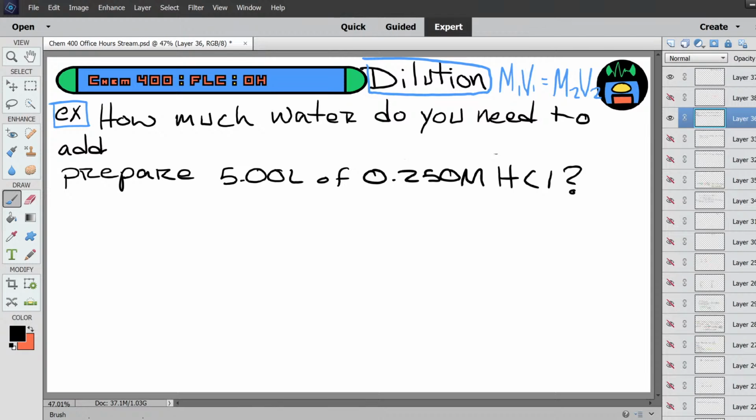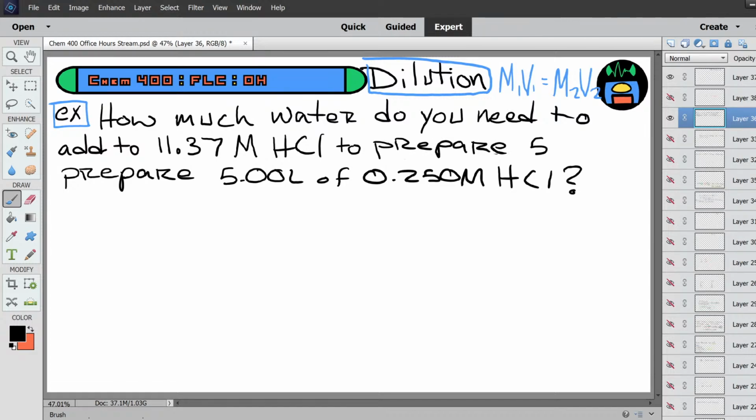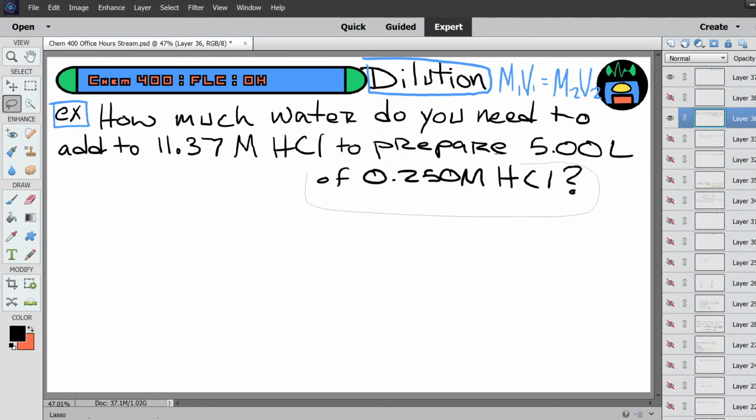So the way this problem would be framed is: how much water do you need to add to 11.37 molar HCl to prepare 5.00 liters of 0.250 molar HCl.